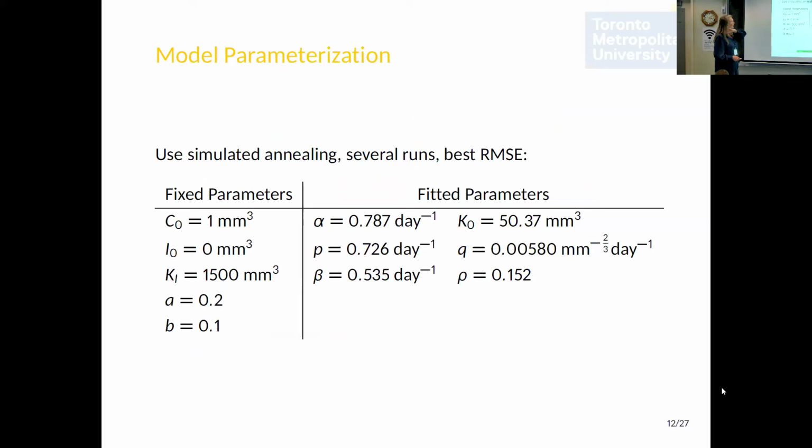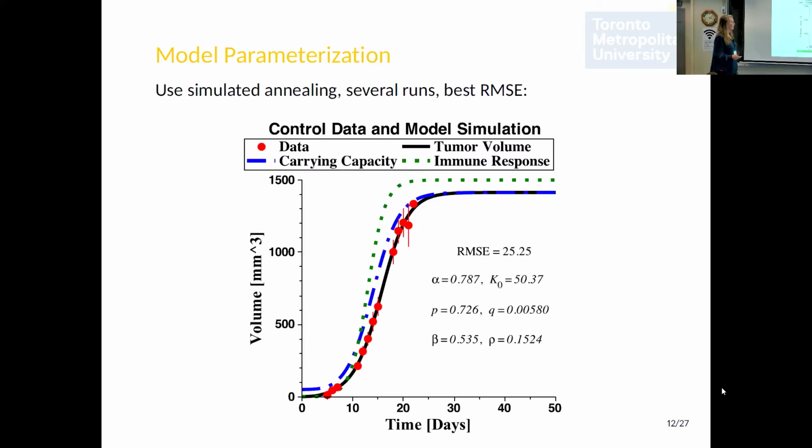Using some data, which I'll show in a minute, we do simulated annealing to fit some model parameters. We fixed these ones as best we could: the maximum size of the immune response, the initial tumor volume due to the injections from the experimental setup, assuming initially there was no immune system present, and these ratios of the inflammatory response.